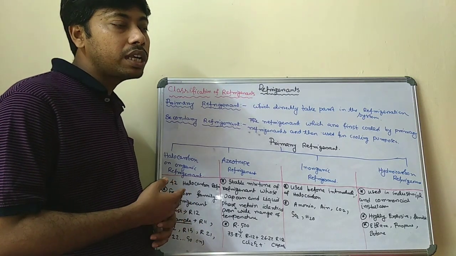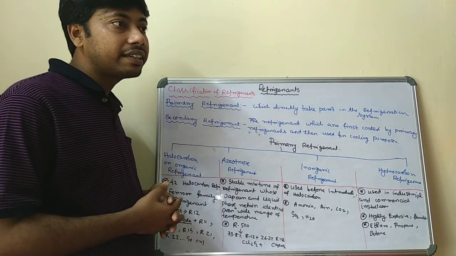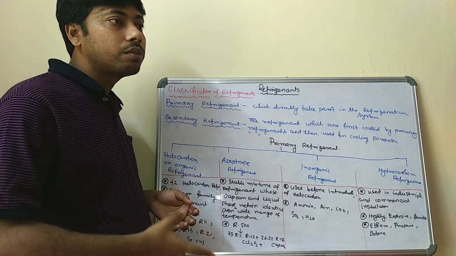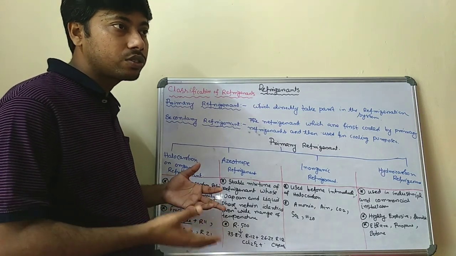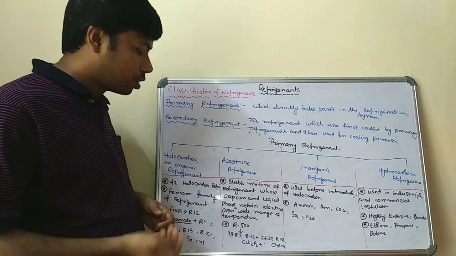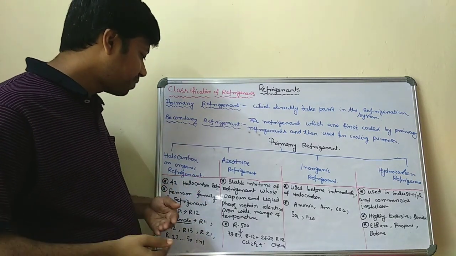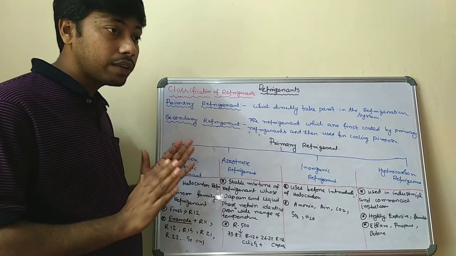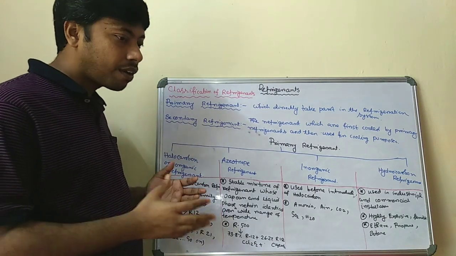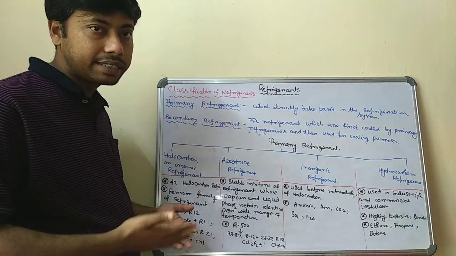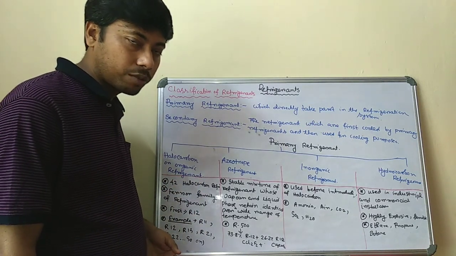So lots of refrigerants are obsolete from the halocarbon list. The total number is 42, but the number actually in use is less than 42.